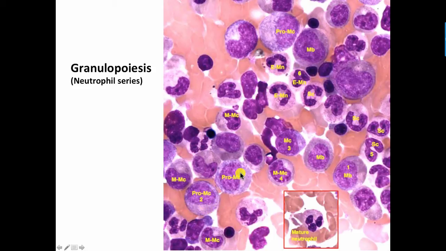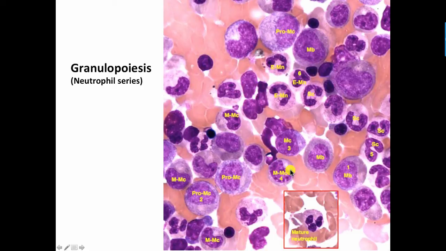As we transit from the promyelocyte stage to the myelocyte stage, shown here, the cell becomes smaller due to division, and the nucleus becomes a bit more bean-shaped, and there are still visible granules present in the cytoplasm.